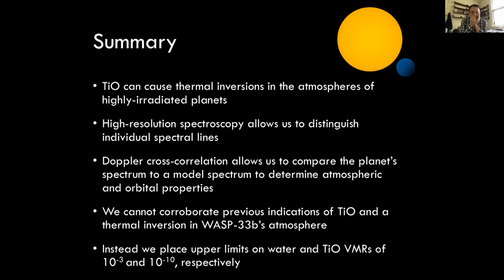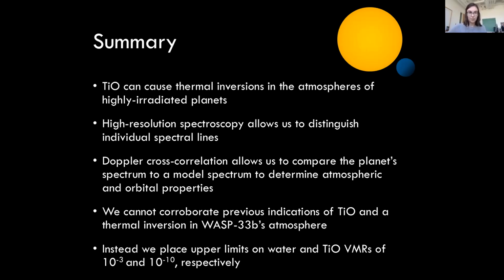And to be honest, the fact that we don't detect TiO, but previous groups have, just makes me really reluctant to make any sort of definitive conclusion about whether or not there is TiO. Because we have 8 nights of observations of this planet and don't see anything.